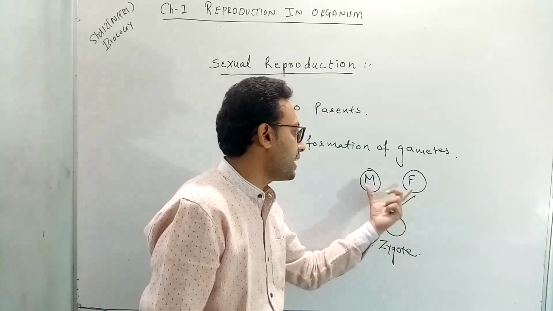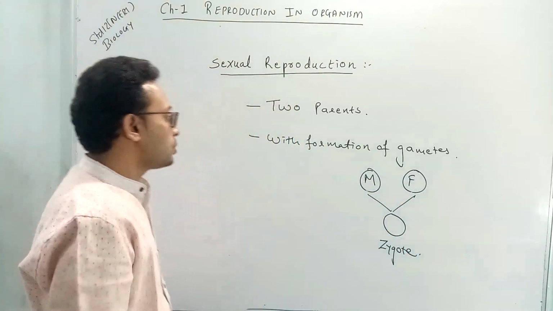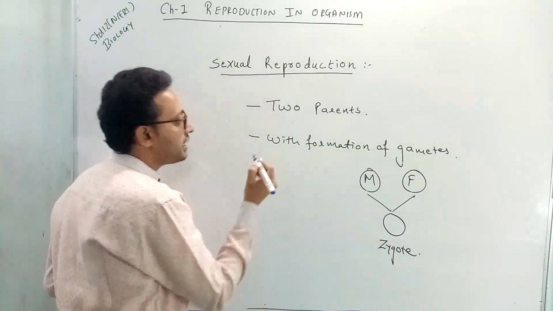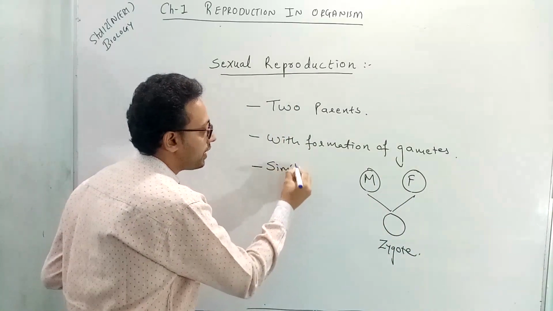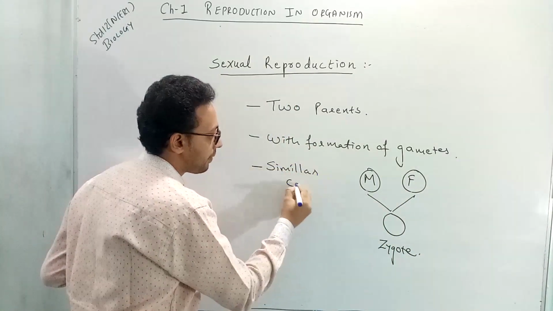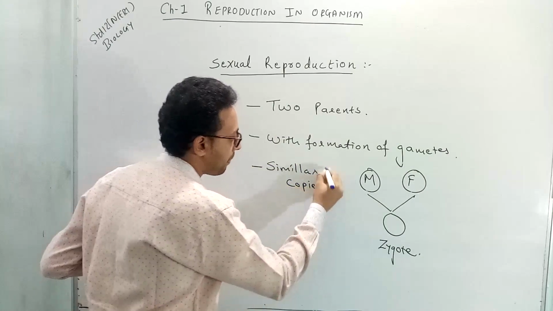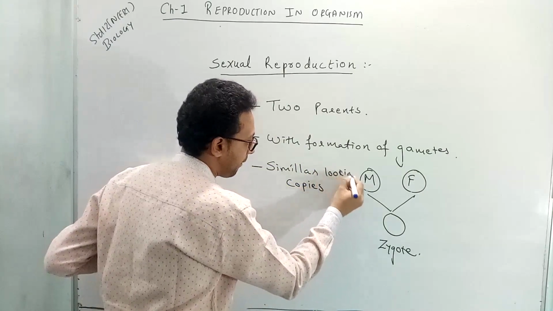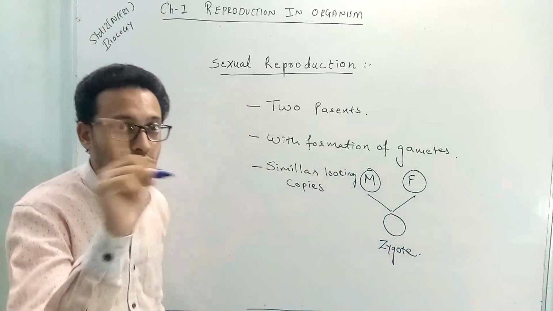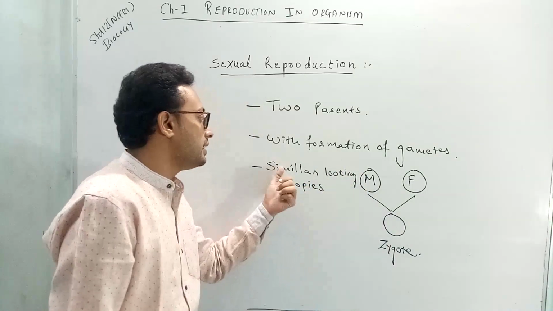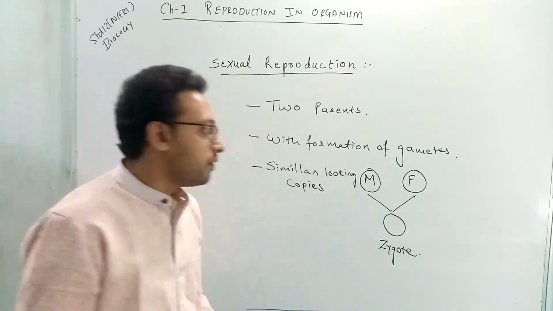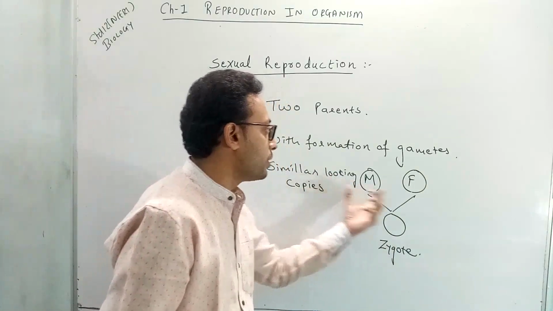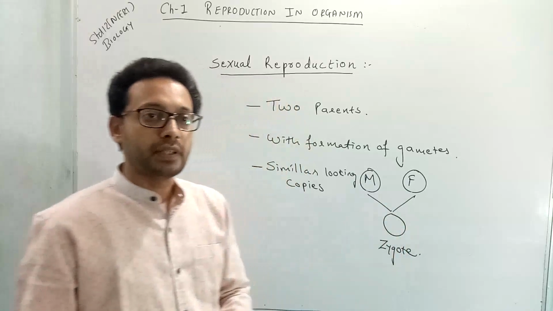So it is not an identical copy of the parents, but a similar looking copy. Why is it producing similar looking copies? Because it's a fusion of male and female gametes.